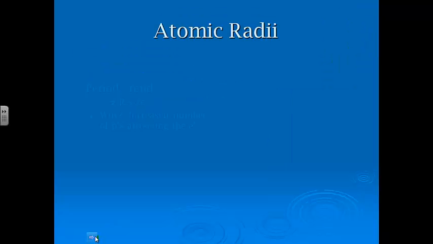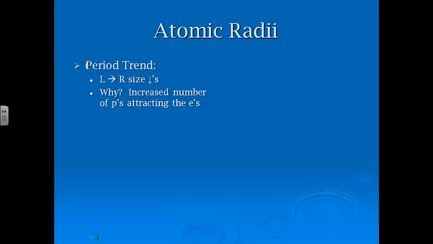Now, with atomic radii, the pattern is that across a period, as you go from left to right, the size decreases. What happens is there's an increased number of protons in the nucleus, attracting the electrons that are all at the same level. I'll try to illustrate this a little bit better.